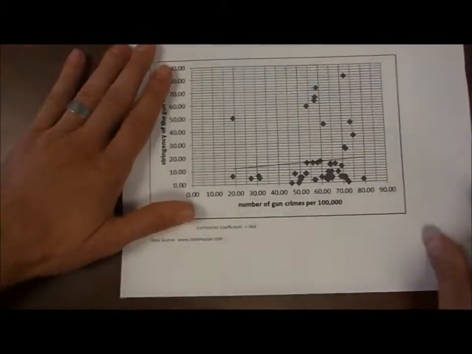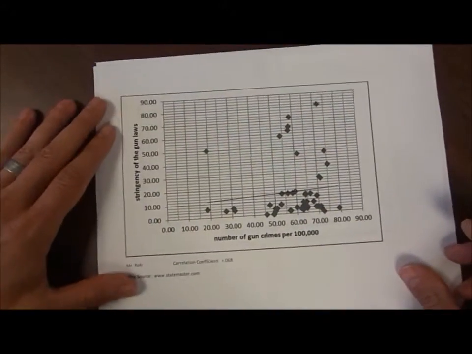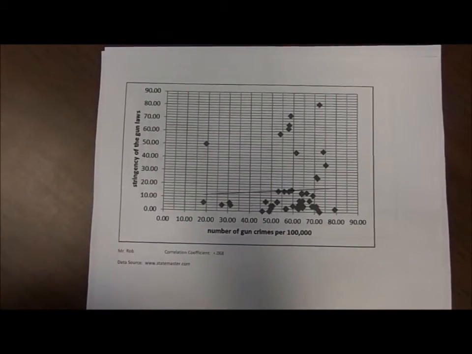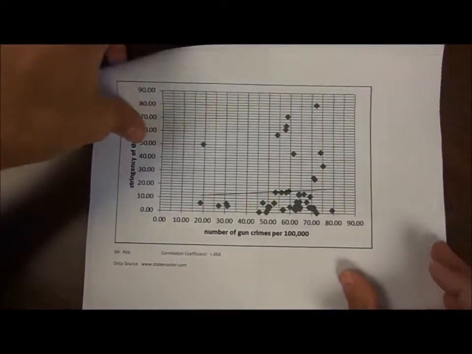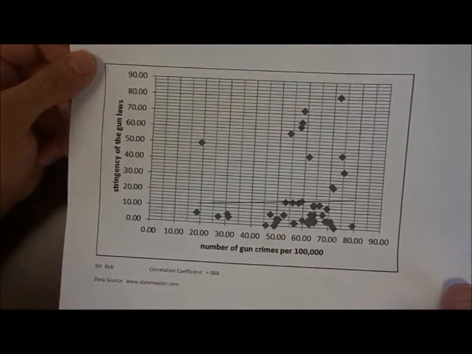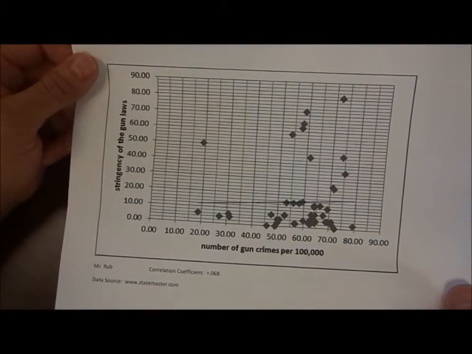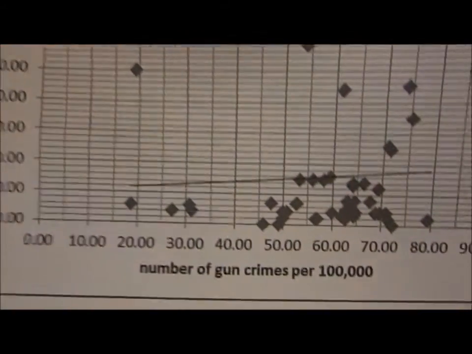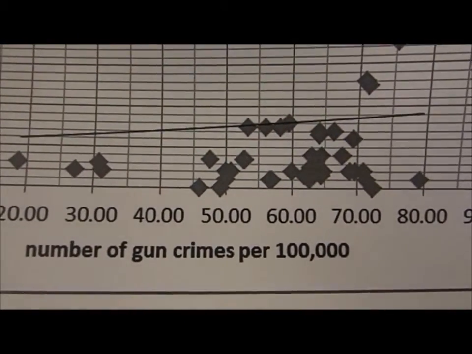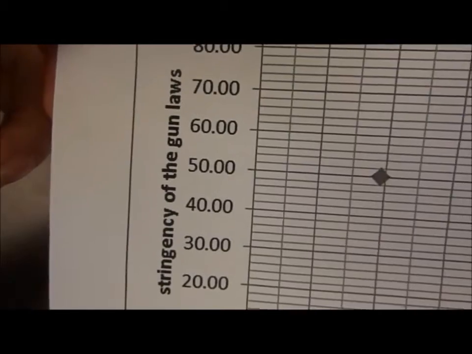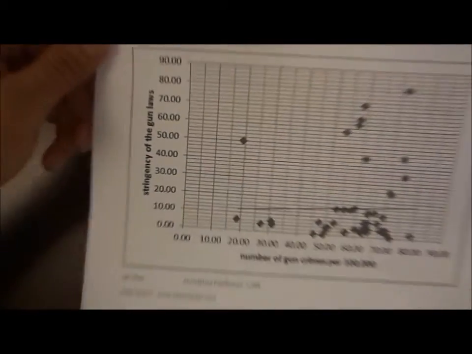Here's one that I did. I was listening to the radio, and there was a radio announcer interviewing somebody about their gun laws, and I decided to go out and actually look at the stringency of gun laws versus the number of gun crimes. And here's a chart that graphs the number of gun crimes per 100,000 in each state of the United States, versus the stringency of their gun laws as ranked by Brady.